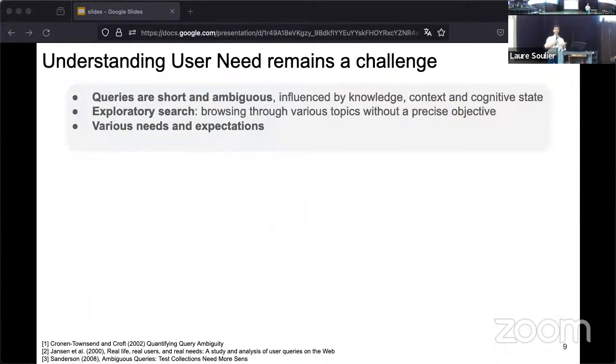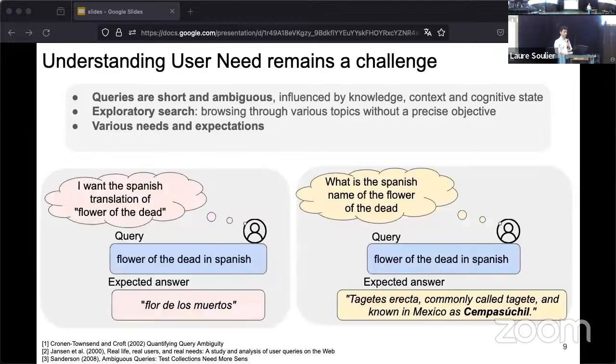So understanding the user's need is still a challenge today in information retrieval because queries are often short and ambiguous. The word selection for the queries can be influenced by the knowledge or the context of the user. Sometimes the user doesn't have a specific or clear idea of a topic, for example in exploratory search.